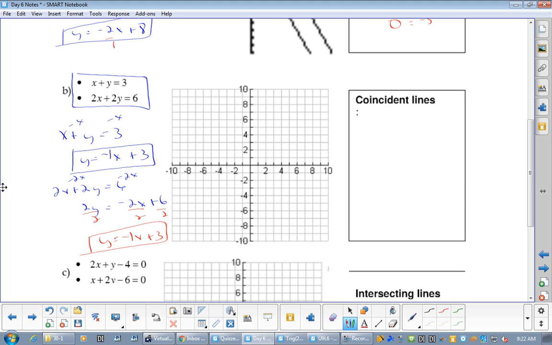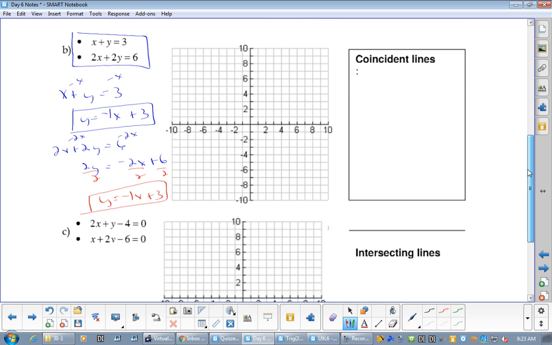Okay? So I'm going to graph this one old school. How would I graph it? Do a little review. I got to put 3. Okay, and then where do I go? Down 1, right 1. Down 1, right 1. Down 1, right 1. Okay? Let's do a line.